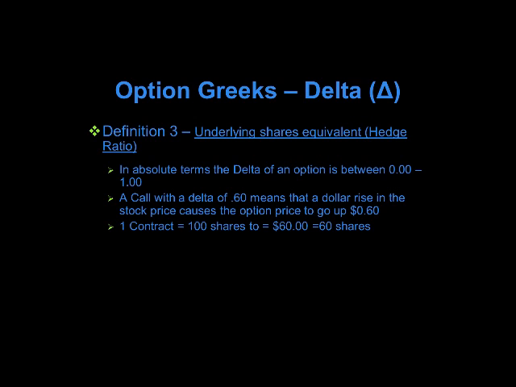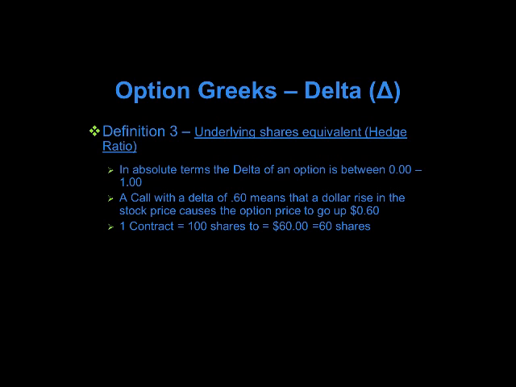One contract equals 100 shares. That hedge ratio means you own the equivalent of 60 shares. So if you have a delta of 60 and you've got one call, that's like owning 60 shares of stock, even though the cost of that call was way, way less than buying 60 shares of stock.